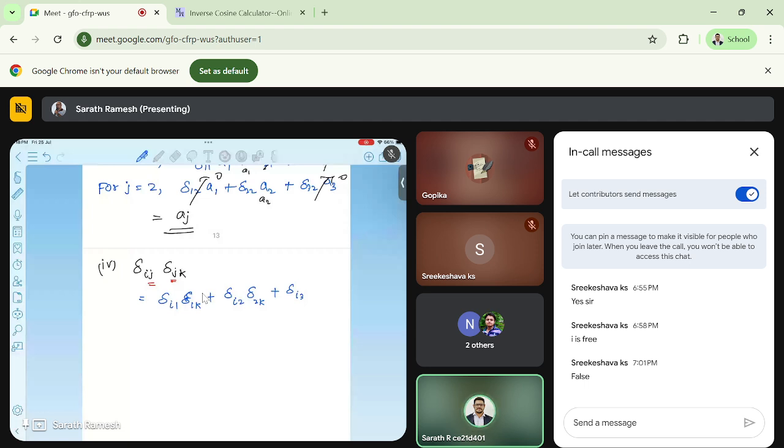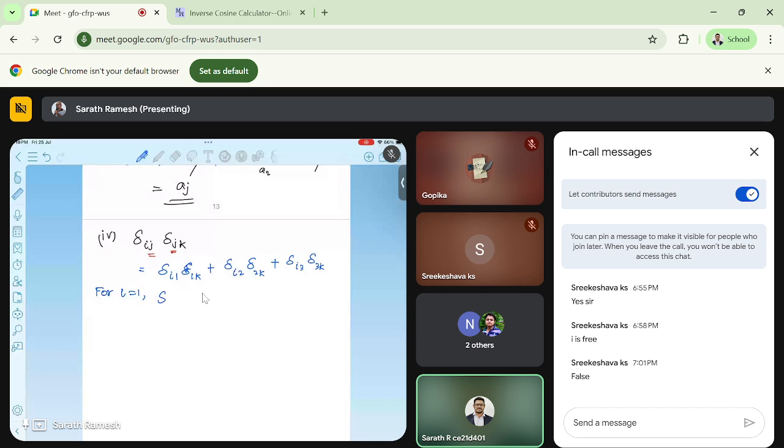Let me write again, delta 11 delta 1k plus delta 12 delta 2k plus delta 13 delta 3k. Okay, these two are going to become 0. Only this will remain, which is delta 1k.